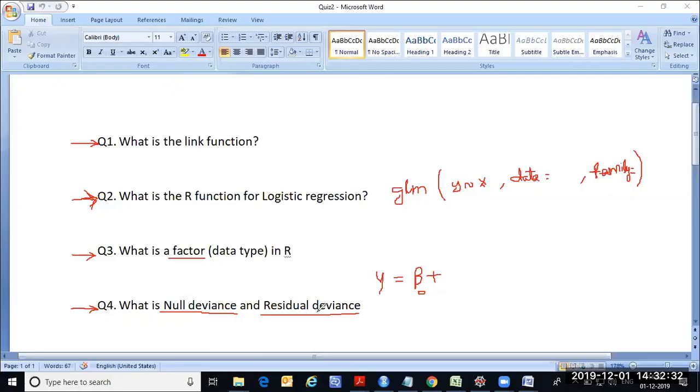Residual deviance should be lesser than null deviance. That shows that by adding the input variables, null deviance should be higher. If the residual deviance is lesser than null deviance, that shows the importance of the variables that you are adding onto the model. By adding the variables, the error term is reducing, which is very much expected, right?